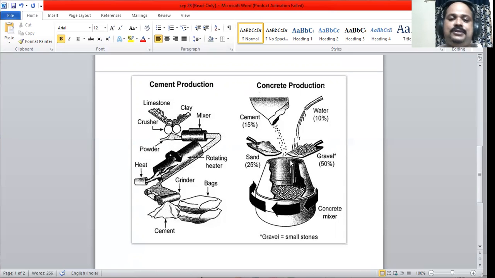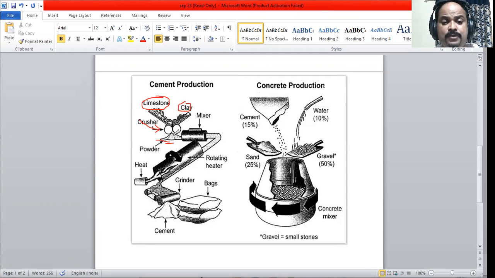So we have two processes here. The first process is the cement production, and the second process is concrete production. In the first process, we see the raw materials, I mean, for cement production. You can see the raw materials there as limestone and clay. And this is crushed in the crusher to obtain fine powder.